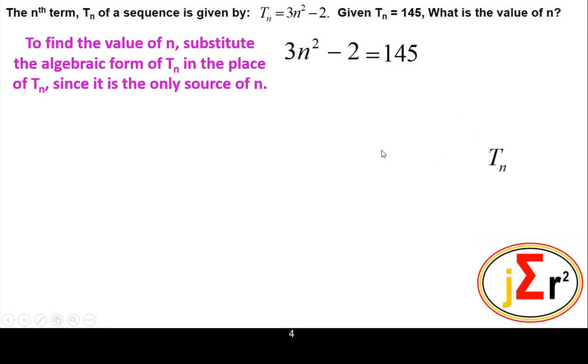We substitute that for Tn in such a way that we have an equation with the value of your term and also the algebraic representation of the general term of the sequence, which of course contains n. Therefore, we should be comfortable imagining that this equation should yield the value of n.